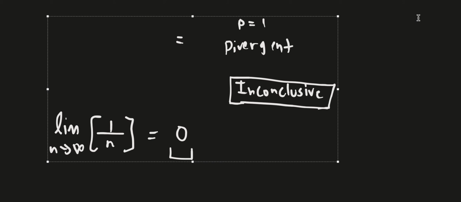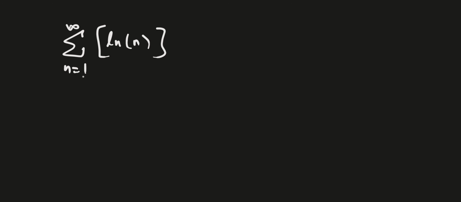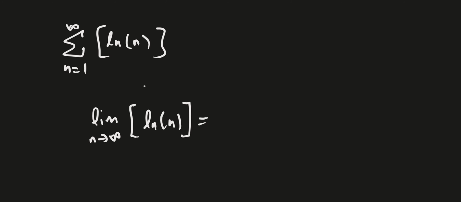But if we were to show another example, let's say the series from 1 to infinity of the natural log of n. It can't be from 0 to infinity, because when n equals 0, we have undefined. So we can start with the divergence test: the limit as n approaches infinity of the natural log of n. You plug in 1, 2, 3, and n goes on to infinity.